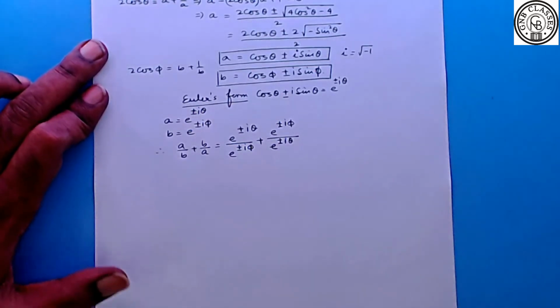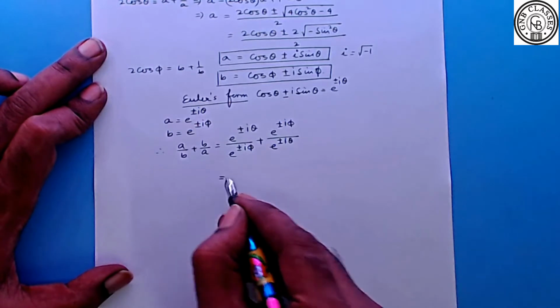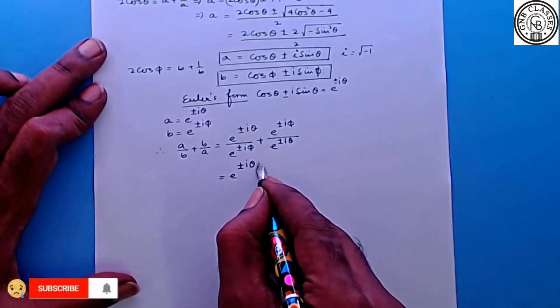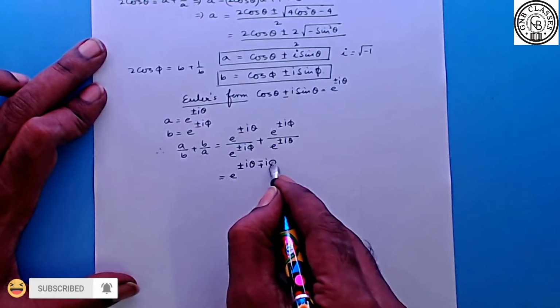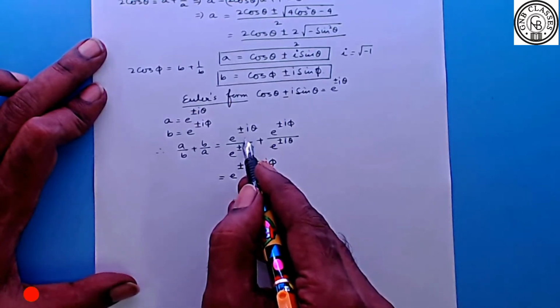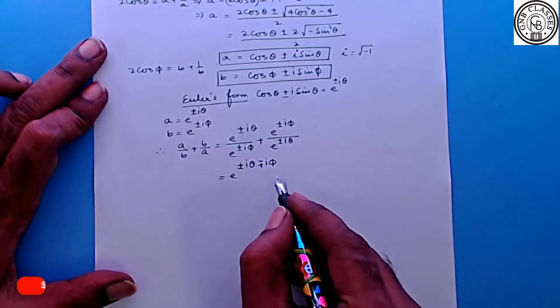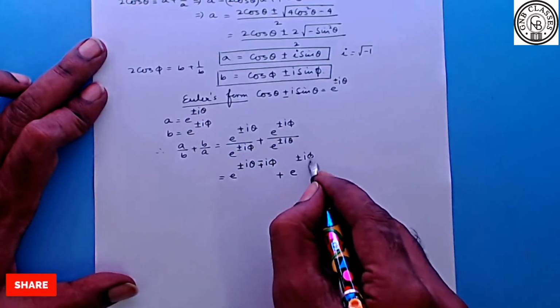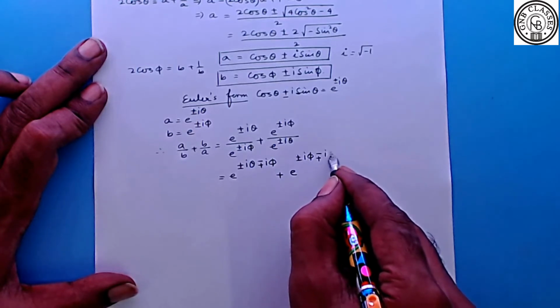Is it clear or not? So now it can be written as e to the power plus minus iota theta minus plus iota phi, because the moment it goes up, the sign changes. Similarly, in this case also, e to the power plus minus iota phi minus plus iota theta.